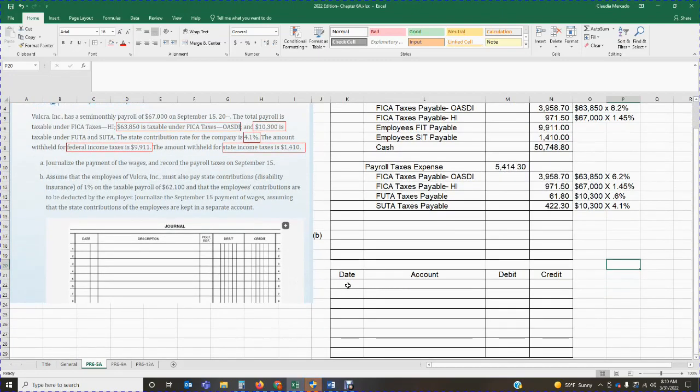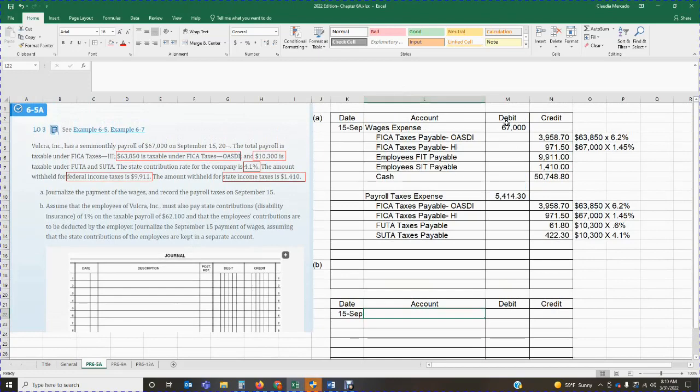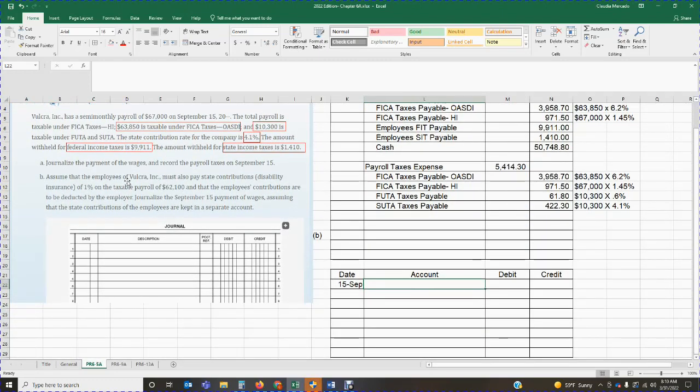Okay, so in this case, they're only asking us to record the payment of wages, which is the top part here. They're not asking us to record the payroll taxes. Okay, so what are we going to start off with?